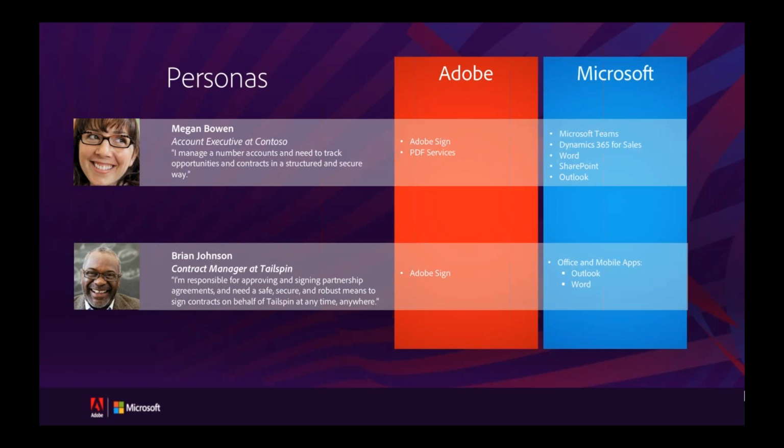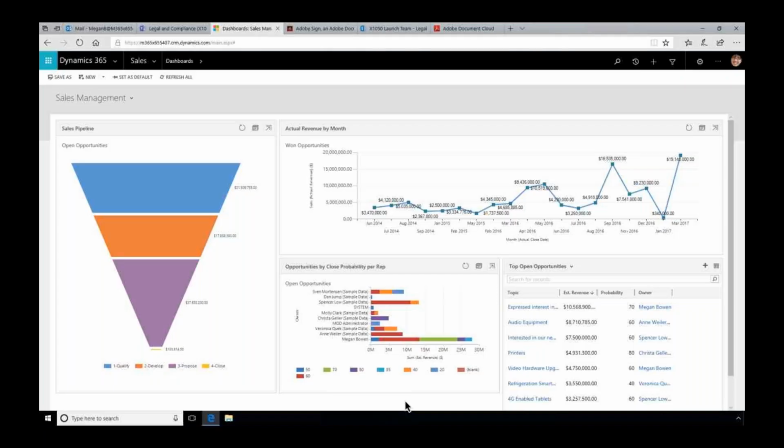So he's going to be using Adobe Sign to review and approve legal documents from Megan. And what they're working on together is a proposal for a 3D printer. Megan is from the company with the 3D printer. He has a demo center. They're working on a deal where she would not only sell him that, but he would put it into his demo center. And so she gets some benefit from that.